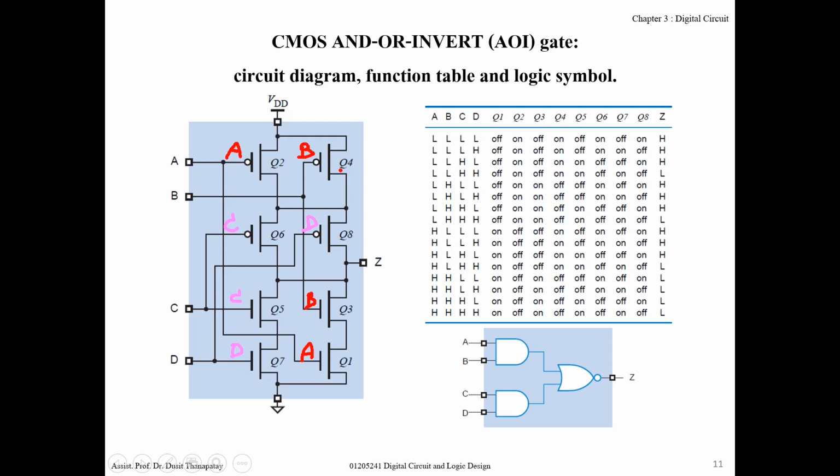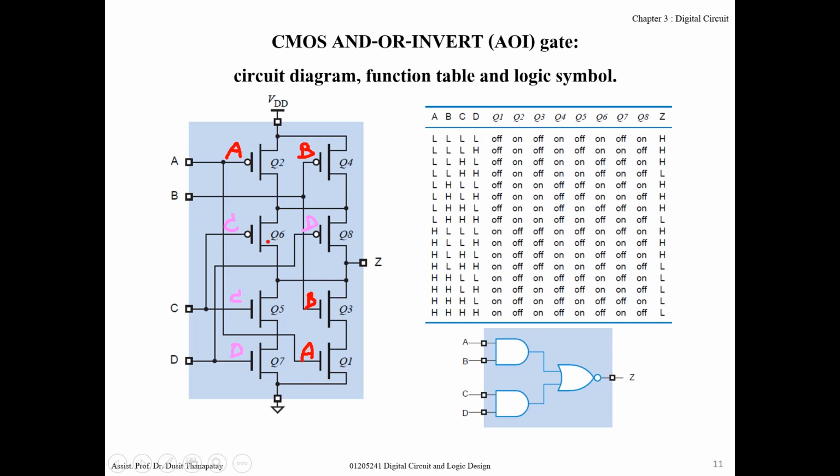Please note that Q2 and Q4 are controlled by A and B respectively. At the upper part, these Q2 and Q4 connect in parallel. In the lower part, the transistors controlled by A and B connect in series. Parallel, series.